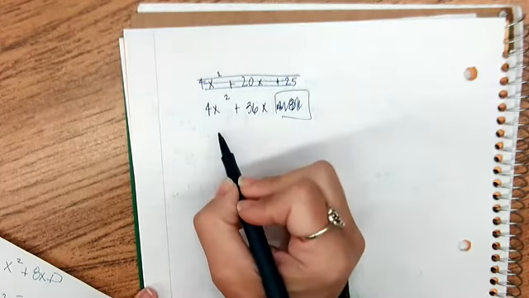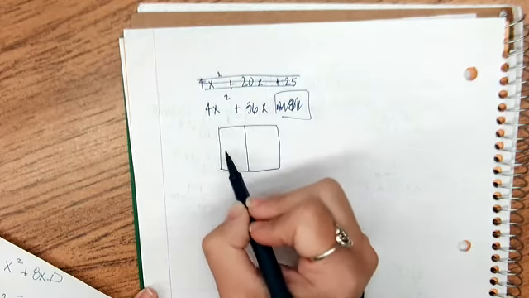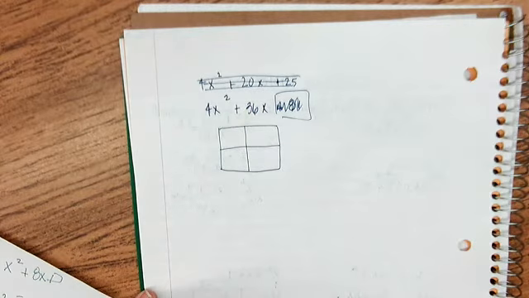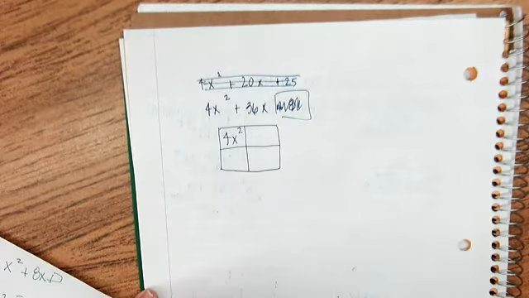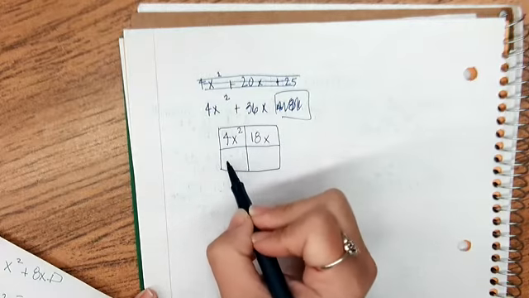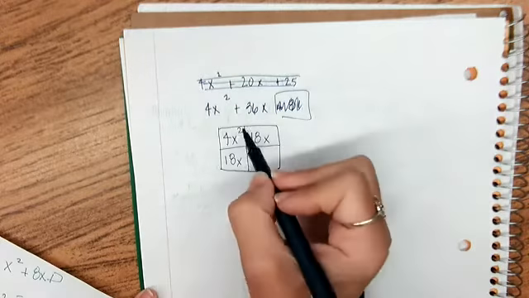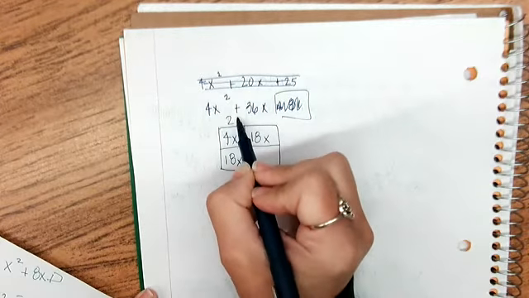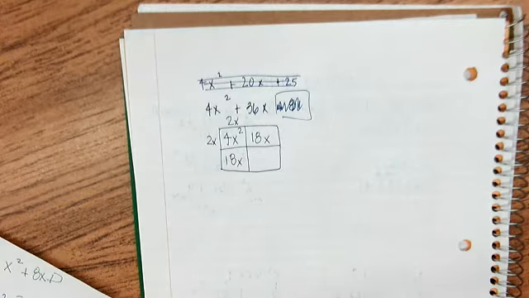Okay, so cut the 36 in half. So you get 4x squared, and then half of 36 is 18 and 18. Okay, so 4x squared, we're going to do 2x and 2x. The reason I'm doing 2x and 2x as opposed to 1x and 4x is because I want a perfect square.